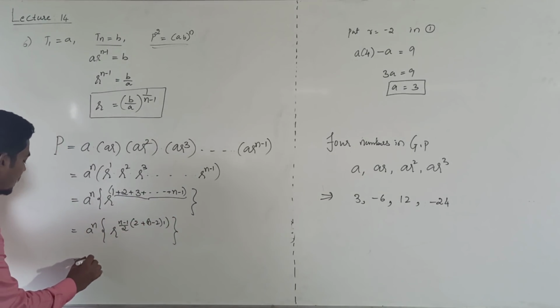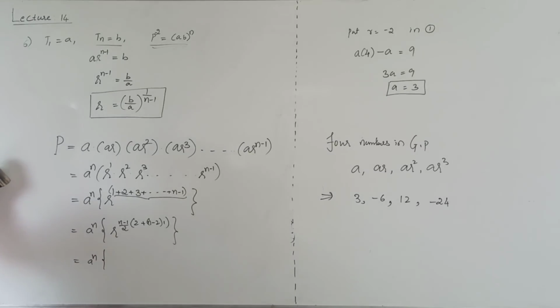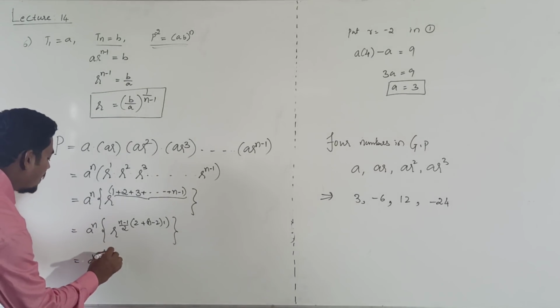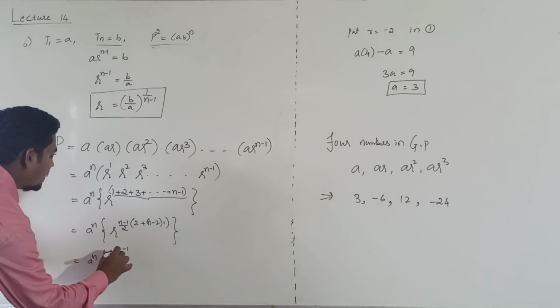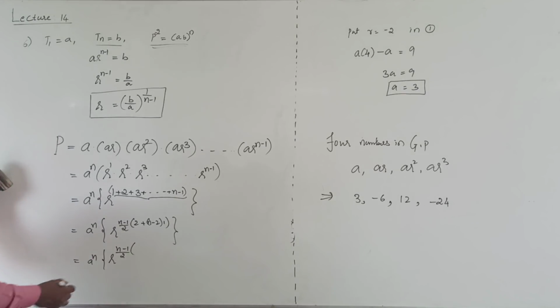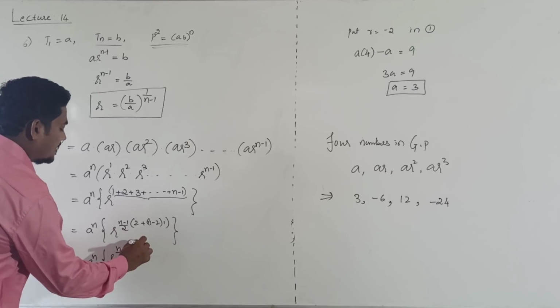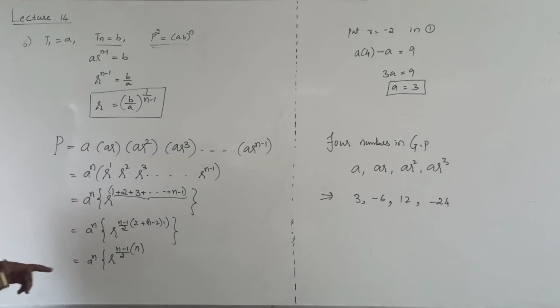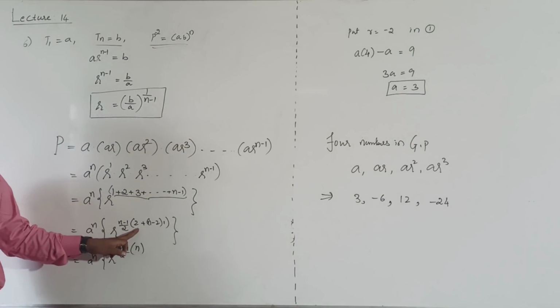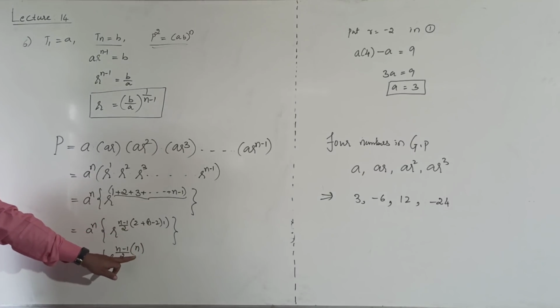Then a^n into r^(n minus 1) divided by 2 into, just simplify: 2 minus 2 cancels, remaining n.